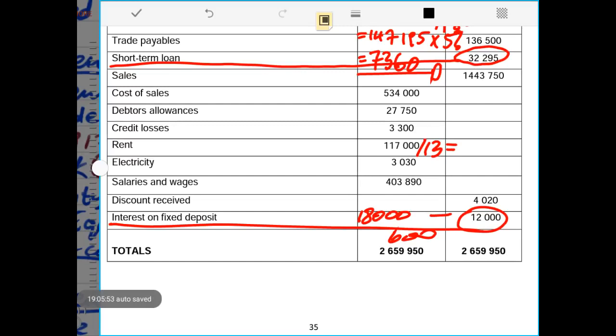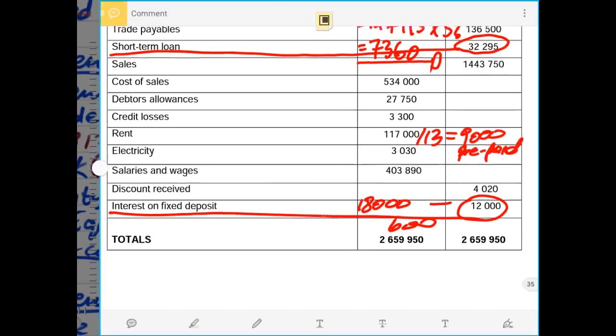So now we say 117,000 rands divide by 13 months, that will give us an amount of 9,000 rands.